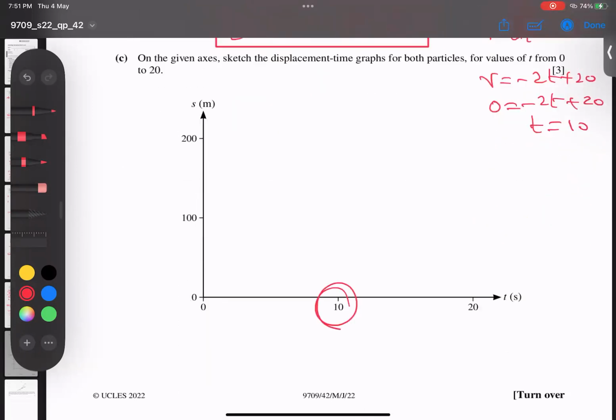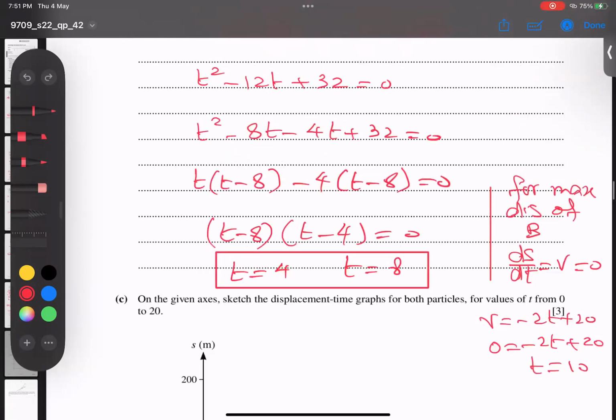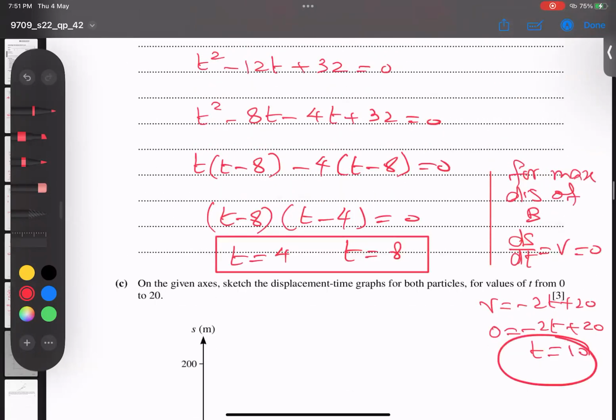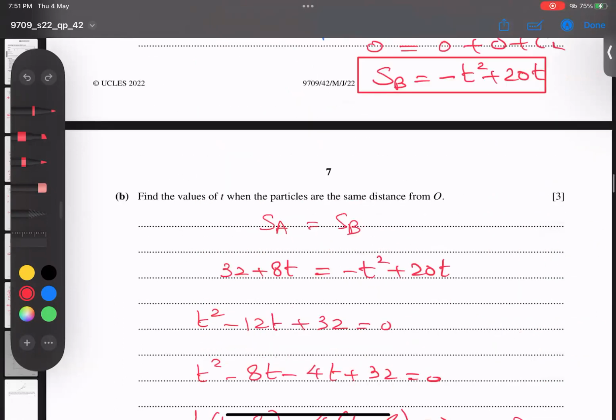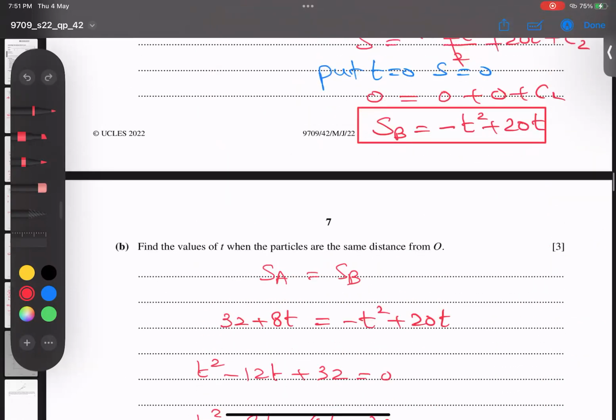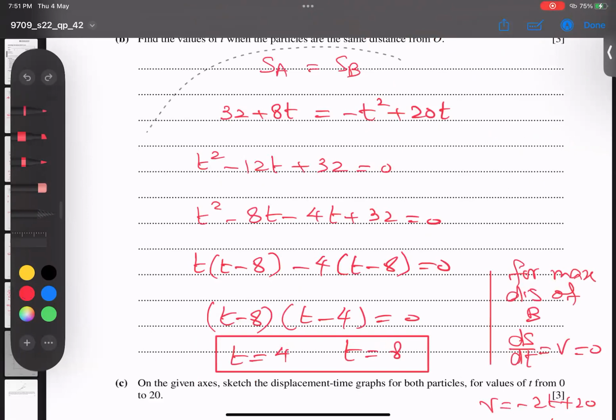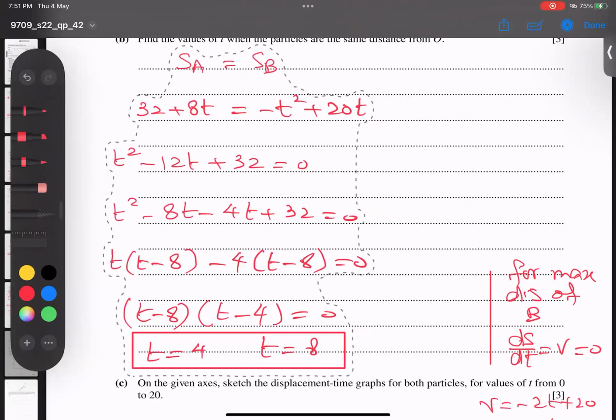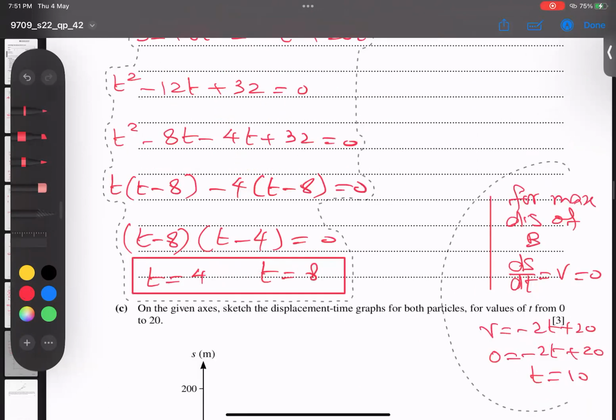At this time it has a maximum distance, sorry, maximum distance. So what I will do, students, is plug this 10 into the distance expression. I bring it slightly here and bring it up here because I need the space.